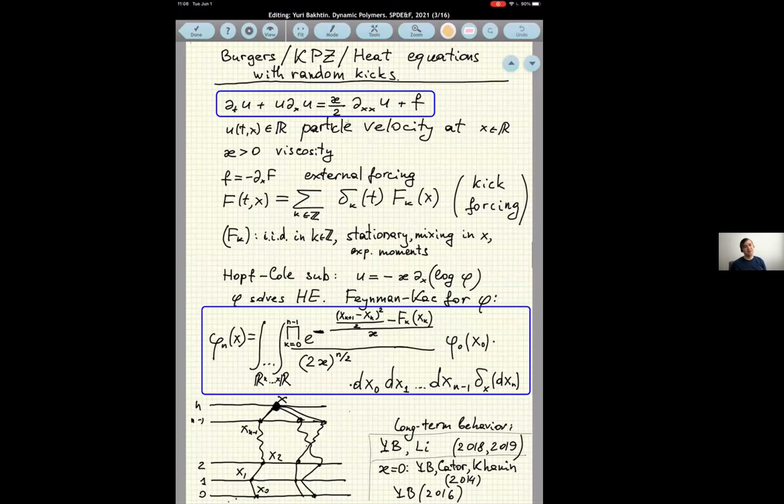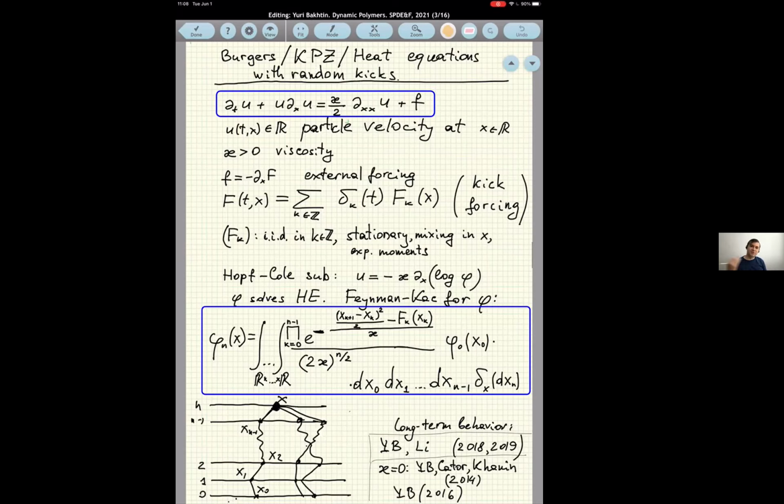In this work, the external forcing small f is going to be random. It's generated by a random potential, capital F. In principle, it can take various forms. There are various models. We are taking it to be this kind of kick forcing, and it means that it's applied at each integer time, and between those kicks, the system evolves without external forcing.